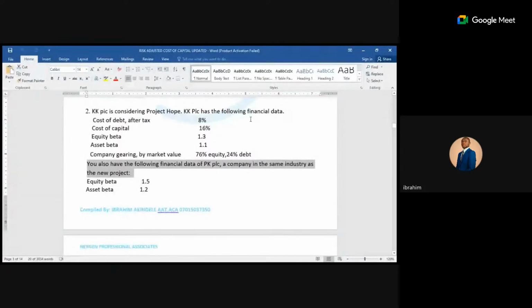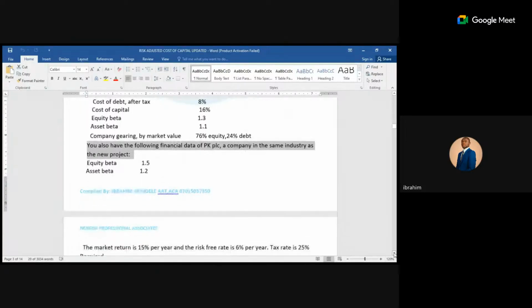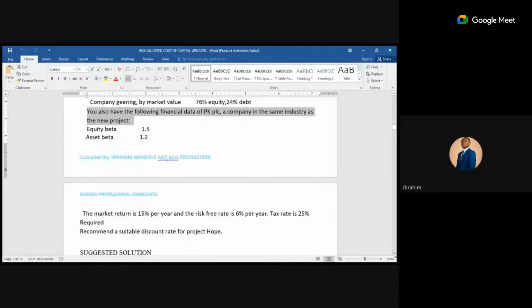Oh, could be that they want to diversify. So, look at this, this is the PK financial information. Can you see? The equity beta, the asset beta of PK, which is the proxy company.